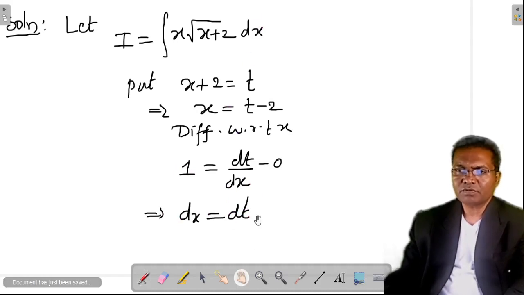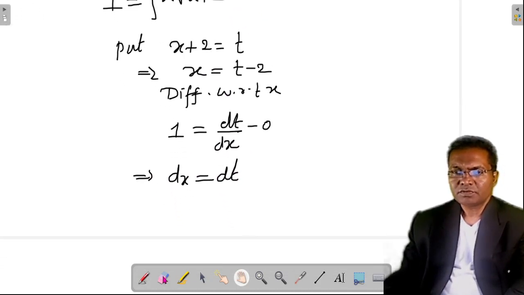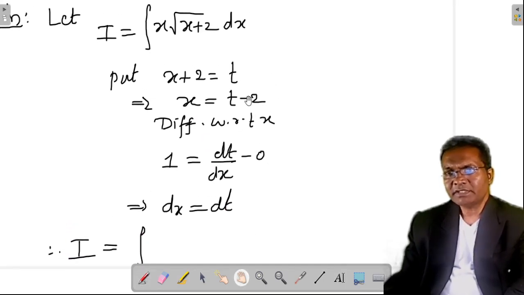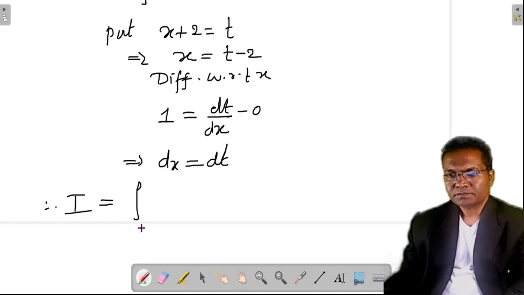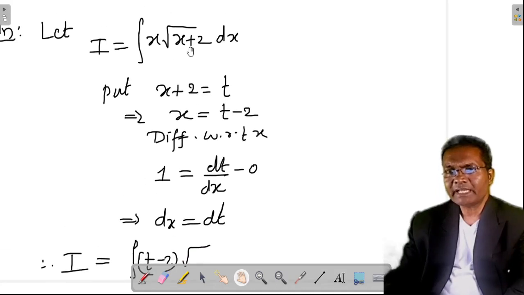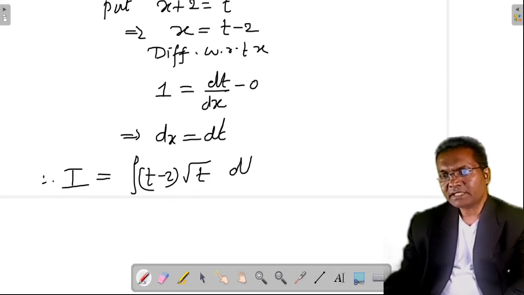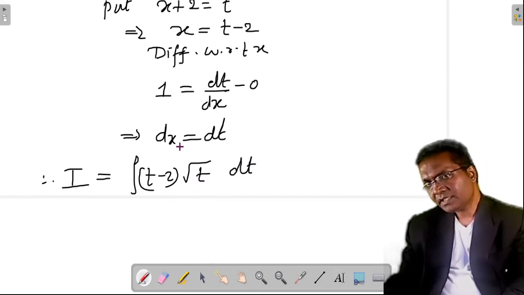So what I becomes, look here, x means t minus 2, and inside the root we have x plus 2. x plus 2 means t. dx is dt.